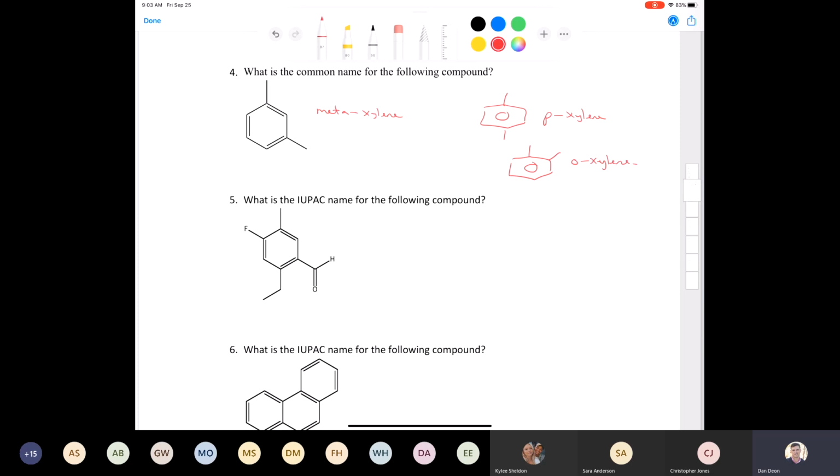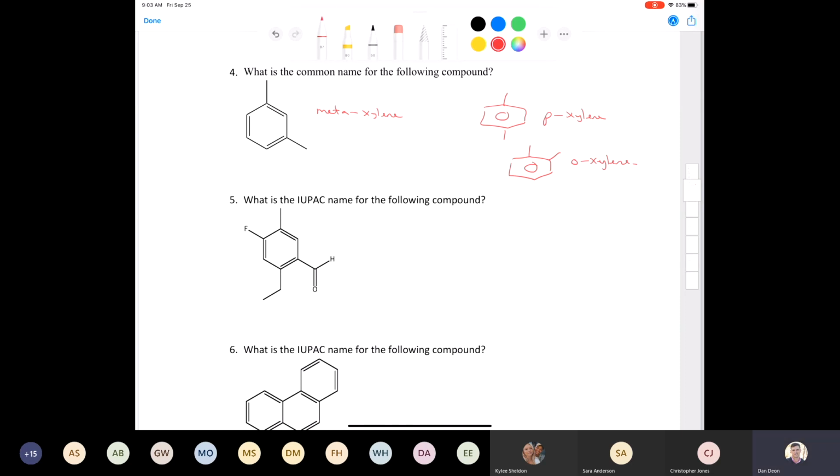Okay. Hey, this one's a little trickier. Right now we're getting into something that's a little bit trickier. We have an IUPAC name for the following compound. Does anybody have an idea on this one? Some might take a second.